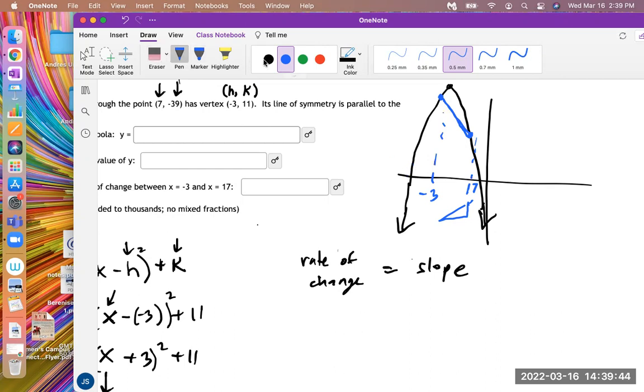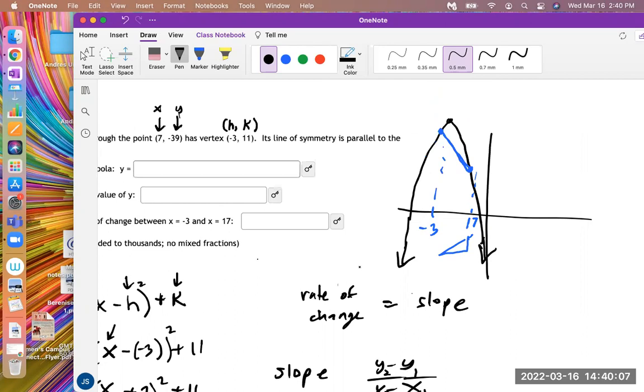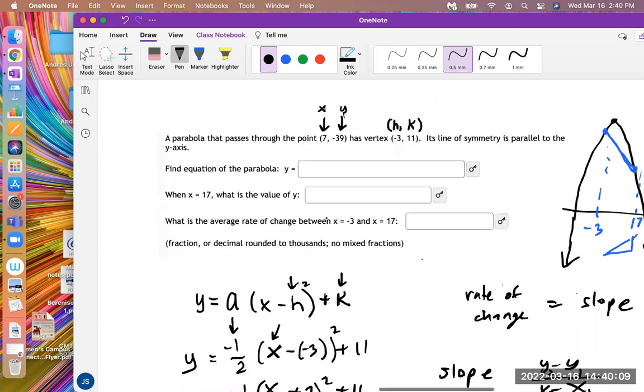So I hope that you're very well aware that the slope formula is the change in y over the change in x. And let me just add the little subscripts on here. Basically, you take one point and subtract the x and y values of the other point. That's the slope. Well, they give you in this problem just two x's.